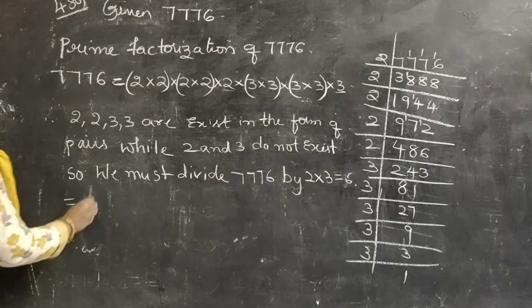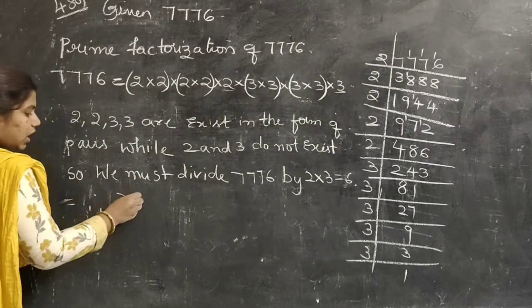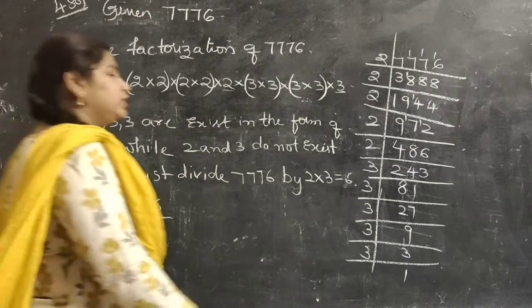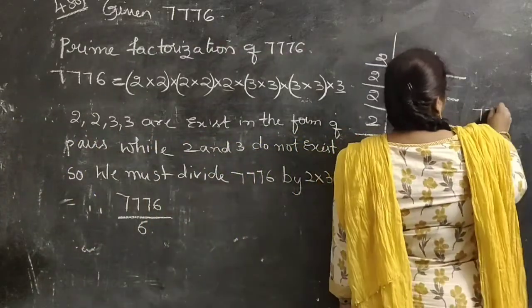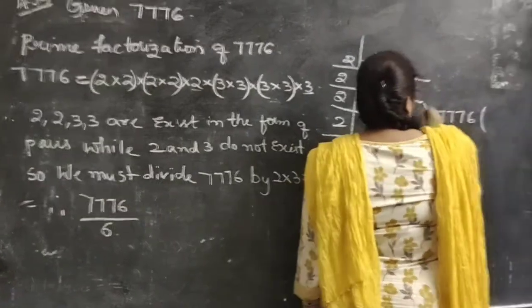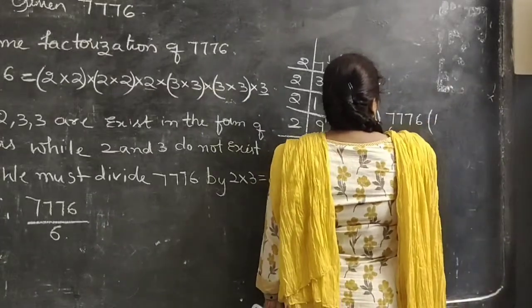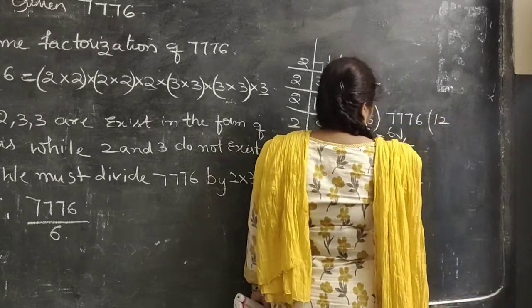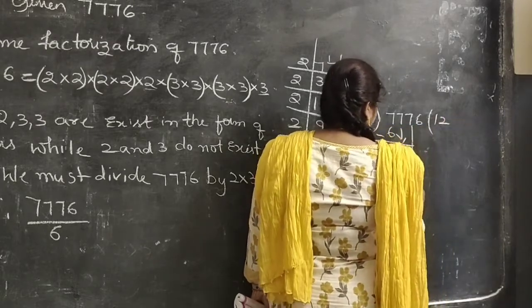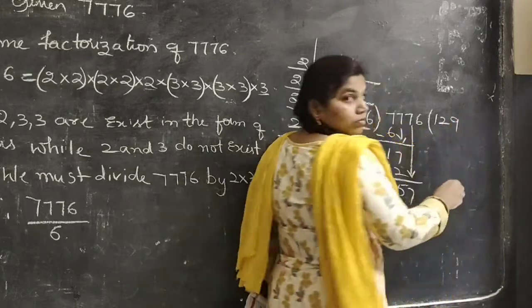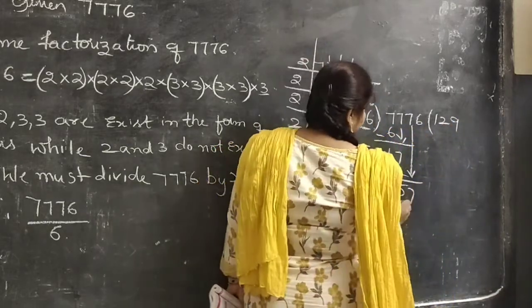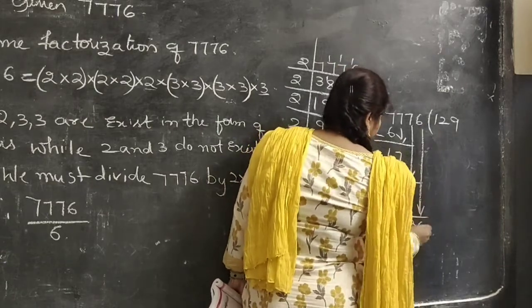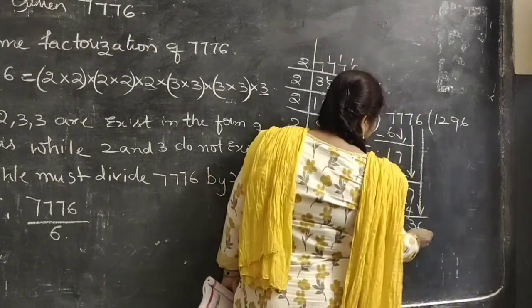Now divide, therefore 7776 divided by 6. Do the division here. 6 6s are 36.